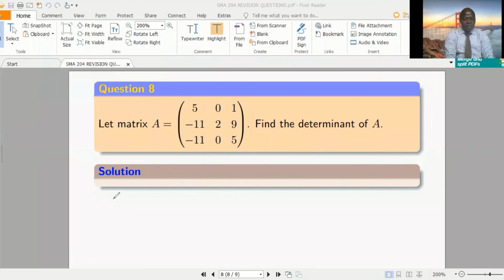So positive 2 multiplied by the determinant of the matrix that remains when you delete row 2 and column 2. That is 5, 1, negative 11, 5. So this is 2 multiplied by 25 plus 11. This is 72.